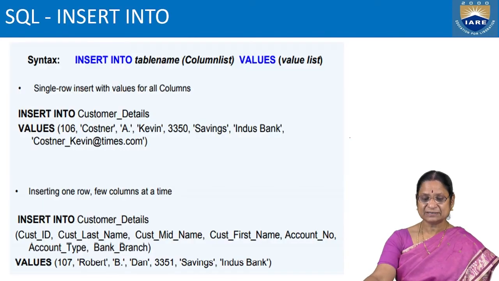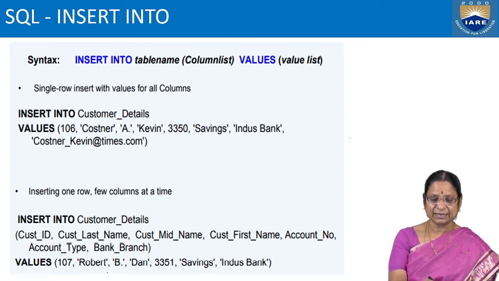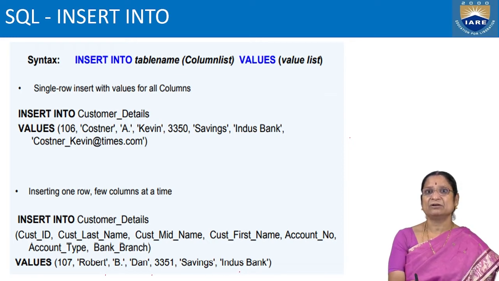So at the time of inserting, for example, we are inserting here only customer ID, customer name, the three names (last, first and middle), and also the account number, account type and branch name. Which one are we not providing? We are not providing the email ID.